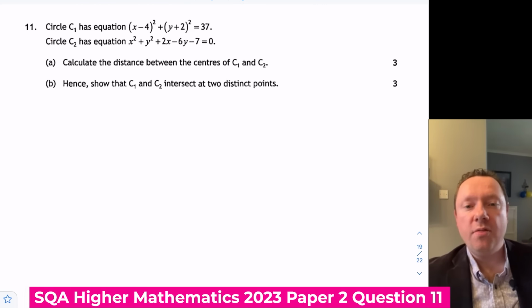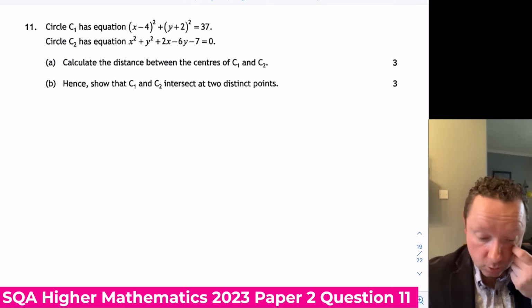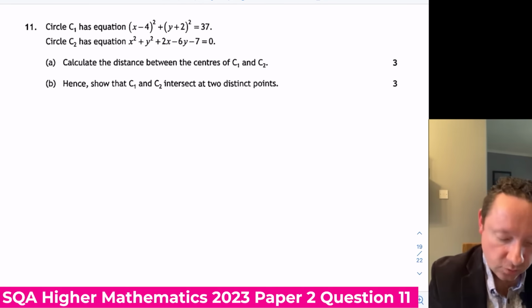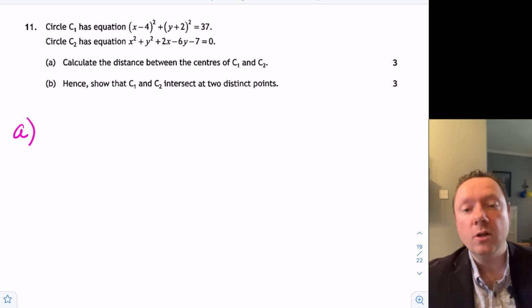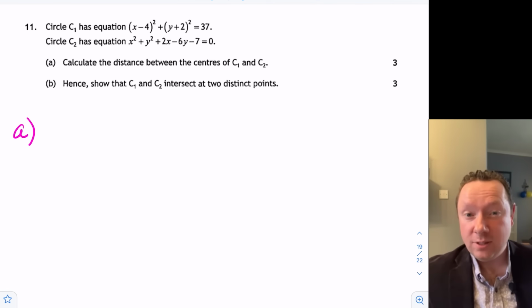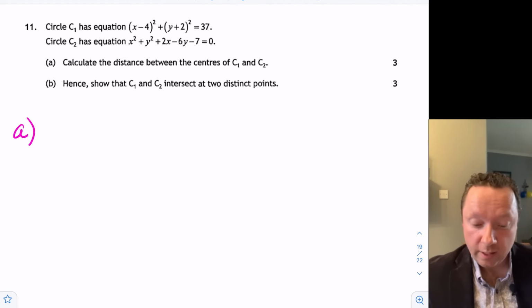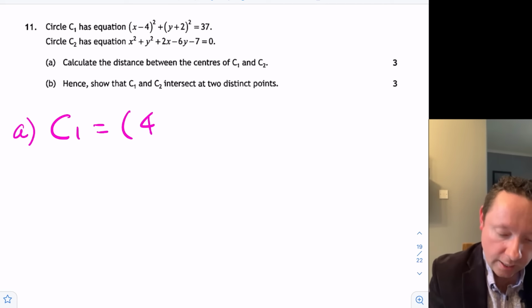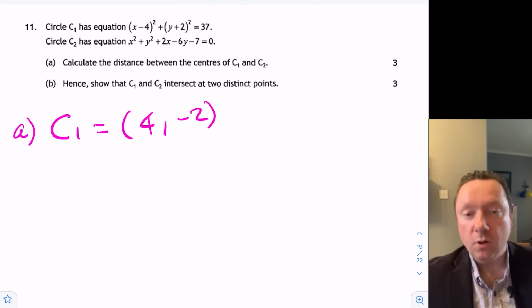SQA Higher Maths 2023, paper 2, question 11. Circle C1 has this equation and C2 has that equation. Find the distance between the centres for part A. So again, look at the start of our exam paper. It tells us that it's x minus a squared plus y minus b squared equals 37. So the centre of C1 is just 4, opposite of minus 4, and minus 2, the opposite of 2.